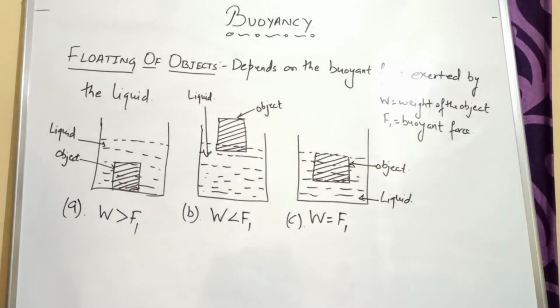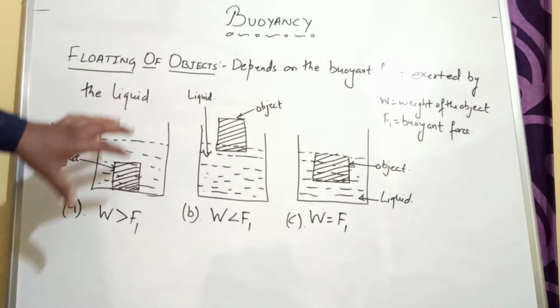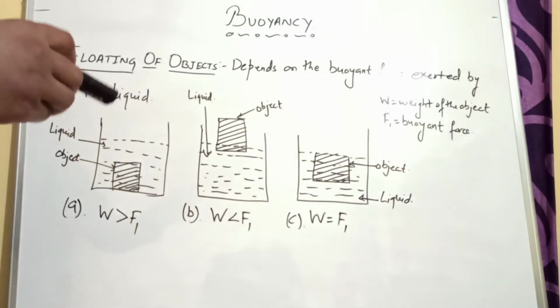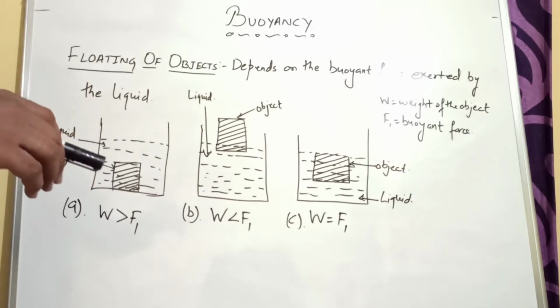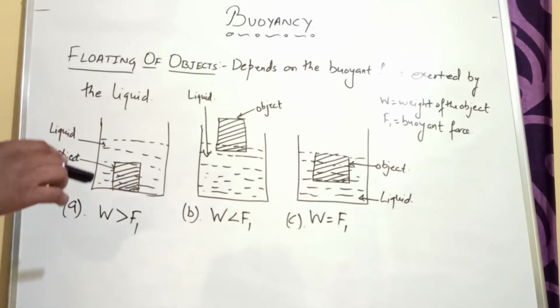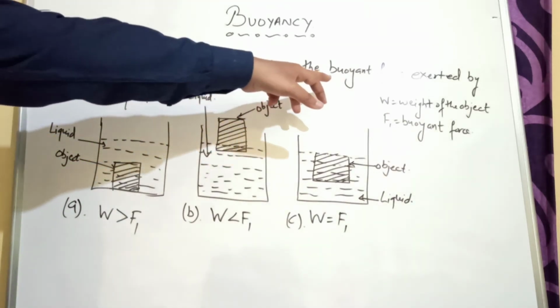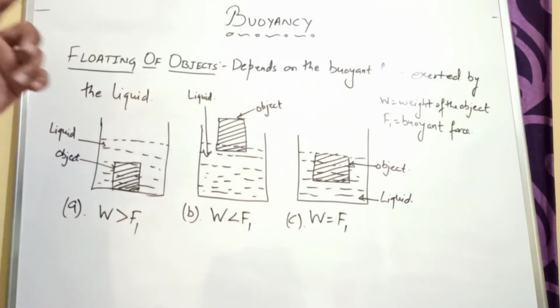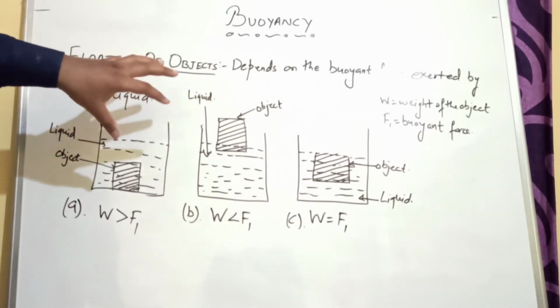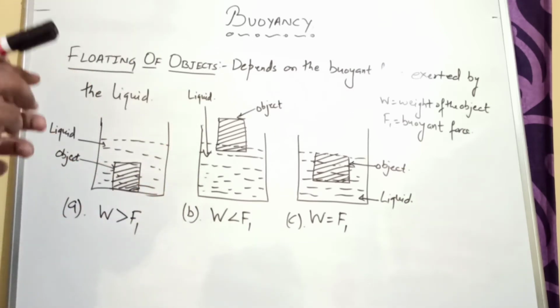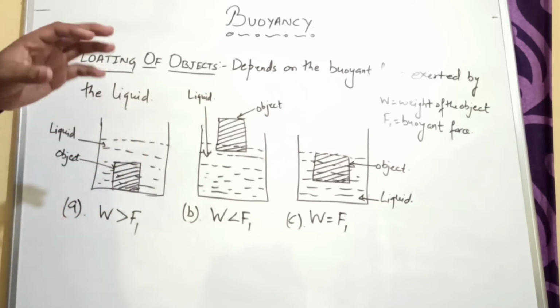Now come to the most important significance of buoyant force. Buoyant force is the criterion due to which objects float or sink inside a liquid. Floating of an object depends on the buoyant force exerted by the liquid. The buoyant force changes, but the weight of the object at any specific place does not change.